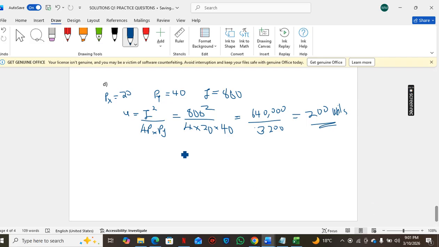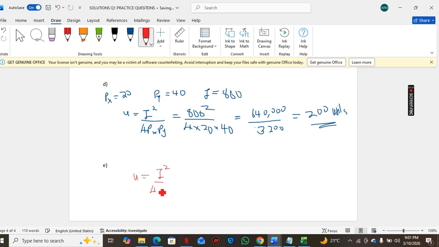Okay. Make I the subject of the formula. So we're going to start it like this. U equals I squared over 4pxpy.